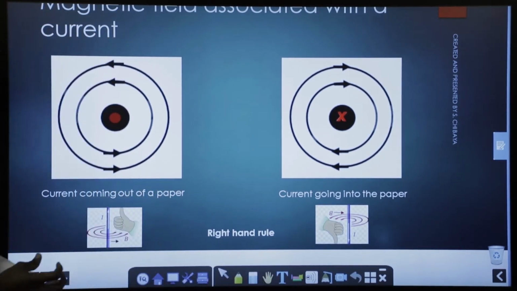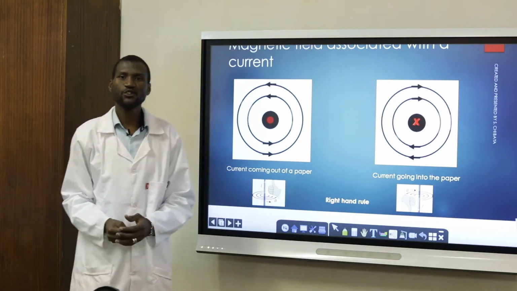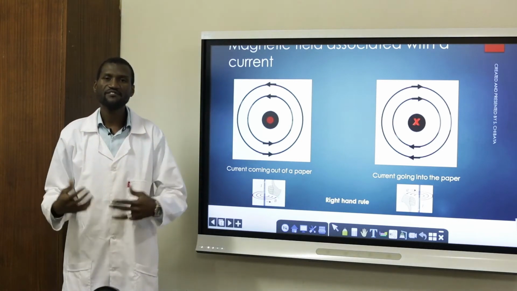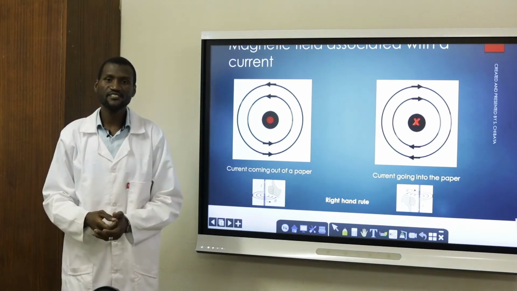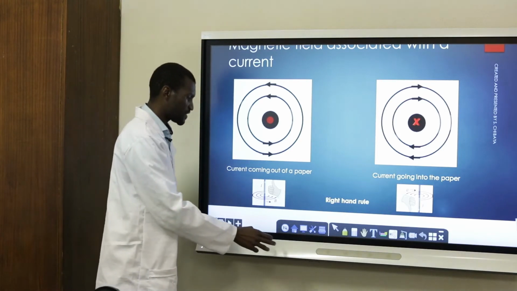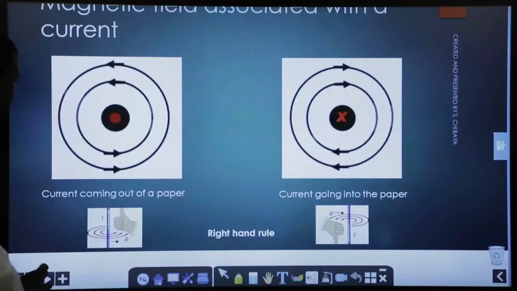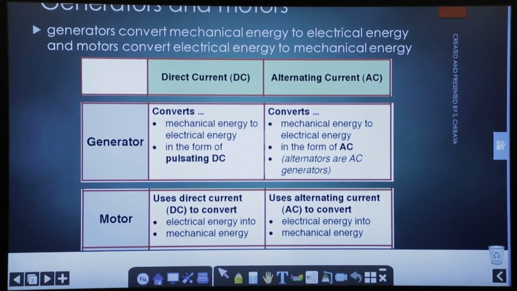So if we put a compass next to a current-carrying wire, the compass is deflected. Why that happens is because the current-carrying wire induces a magnetic field. It is from that that we come up with motors and generators, all right? Generators, basically, you must know, convert mechanical energy to electrical energy.